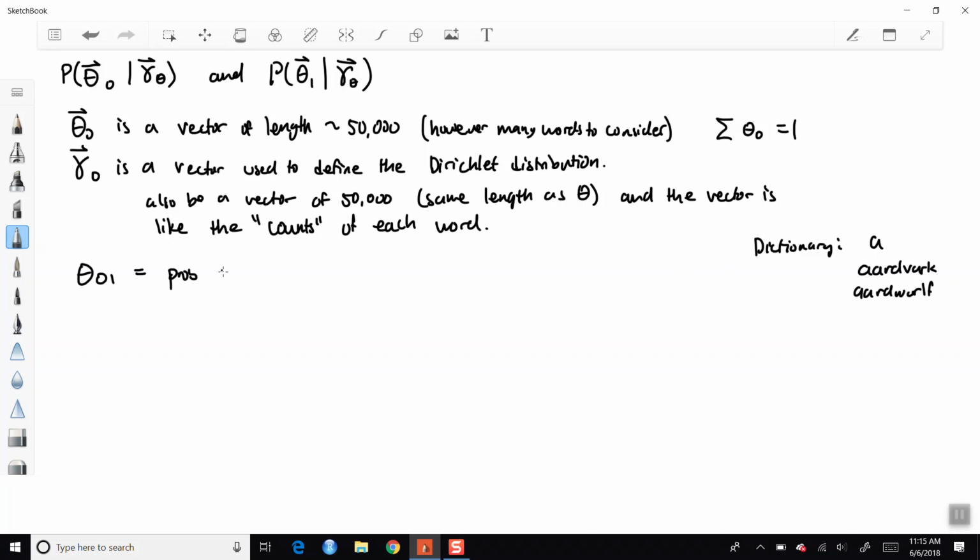So theta 0, 1 is the probability of the word A appearing in class 0, if that makes sense. And then gamma 0, 0, 1 is not exactly this, but it's like the prior count of the word A.